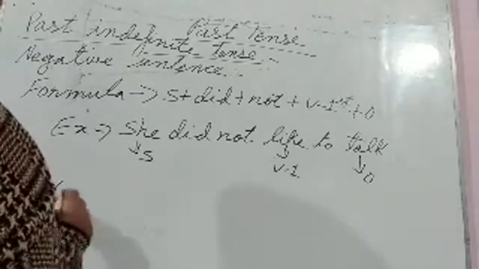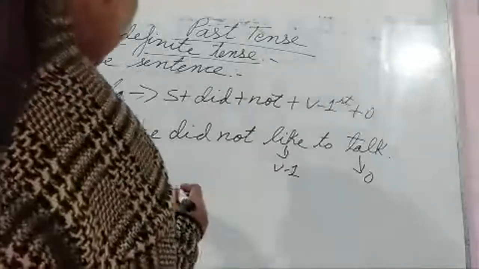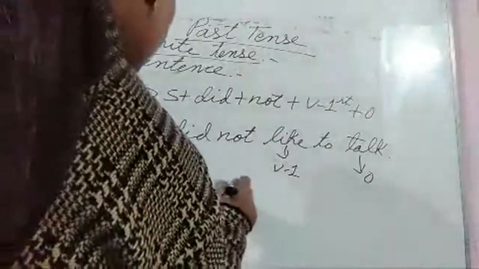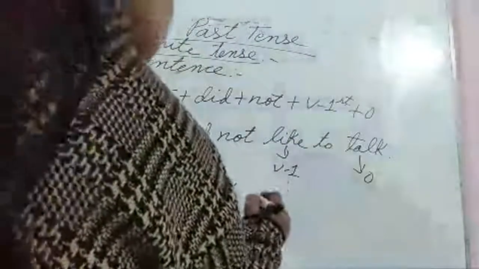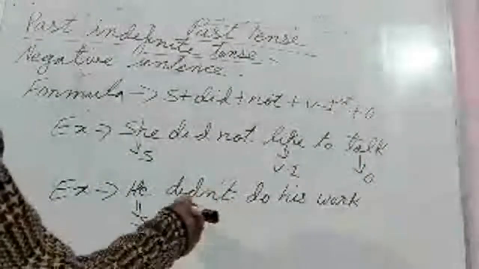Let's see the next example. The next example is he didn't do his work. Here he is your subject. Did not can be written as didn't.